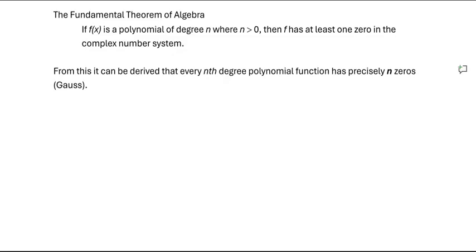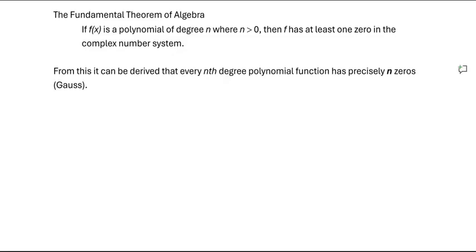A third degree polynomial would have 3 zeros. A 12th degree polynomial would have 12 zeros. It doesn't mean that all of these zeros are real or all of them are rational, but they are zeros. They can be in any form, any real number, which includes any rational number, or any complex or imaginary number.